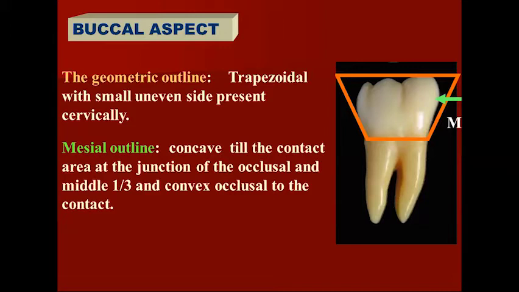Mesial outline concave till the contact area at the junction of the occlusal and middle third and convex occlusal to the contact. Distal outline straight till the contact area beneath the distal cusp ridge. The distal margin is generally more convex than the mesial outline.